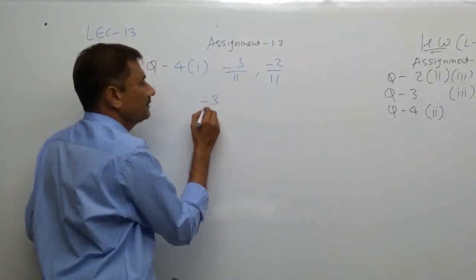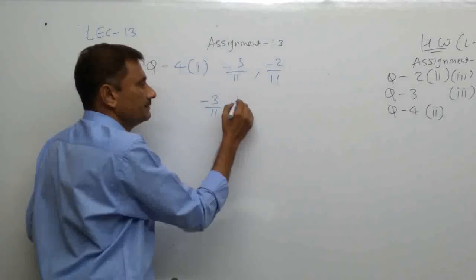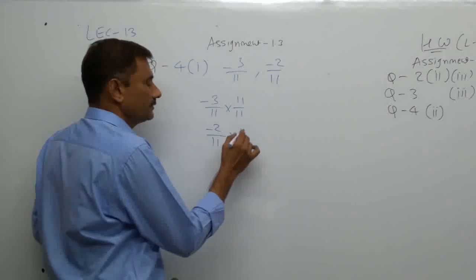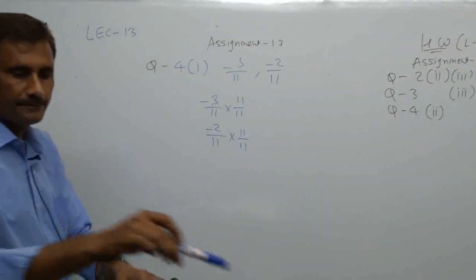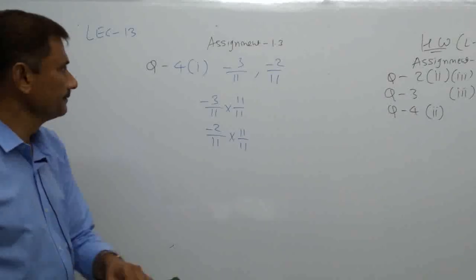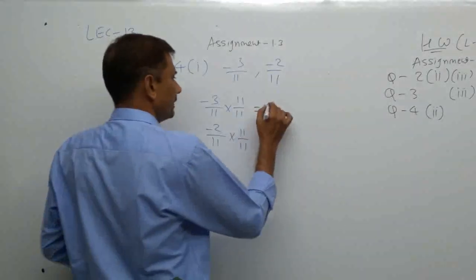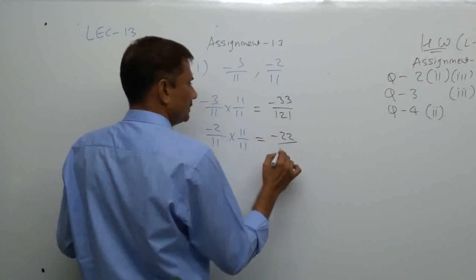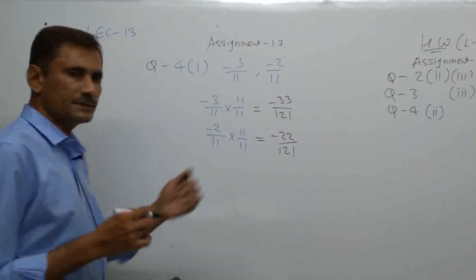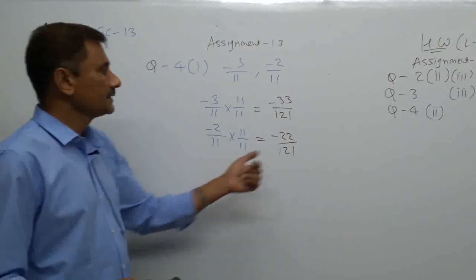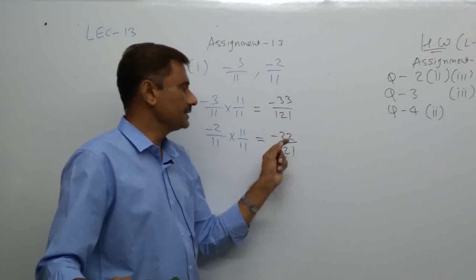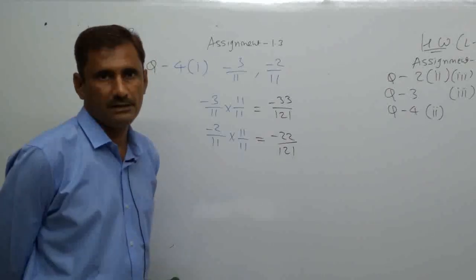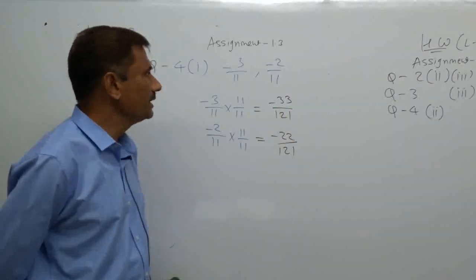So multiply by 11. Why? Because 10 numbers are required. Here also, the sign is assigned to the numerator always. So it will be minus 33 upon 121, minus 22 upon 121. I am not writing it here, just telling you. Start from minus 23, so minus 23, minus 24, minus 25. Look, they will be exactly 10. Up to minus 32 you can write.